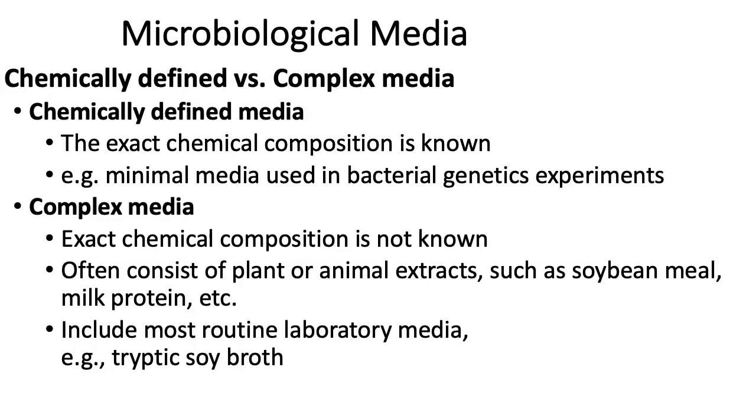They often would consist of a plant or animal extract such as soybean meal, milk protein, or any form of substances that are needed. They often include most routine laboratory media such as tryptic soy broth, and the list continues.